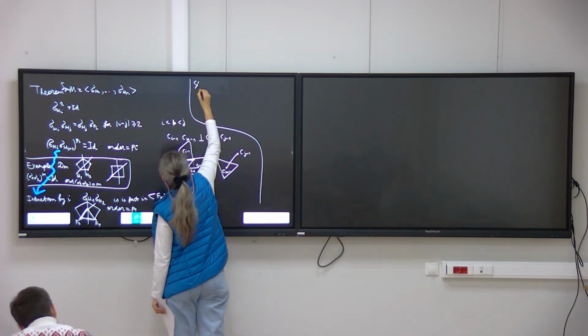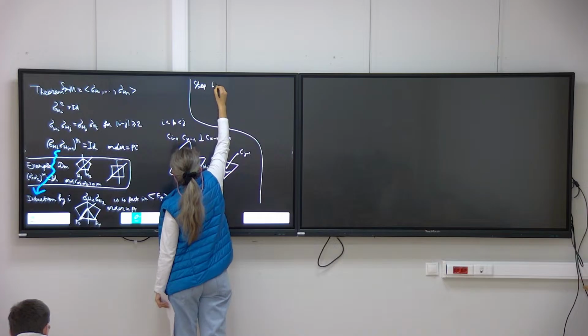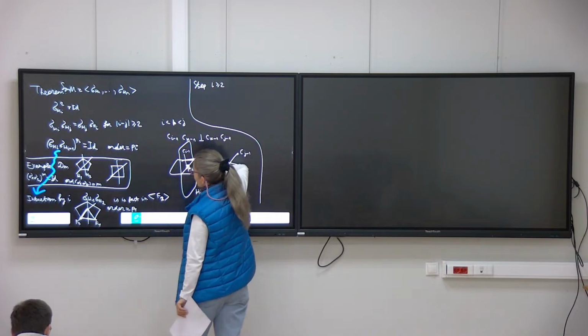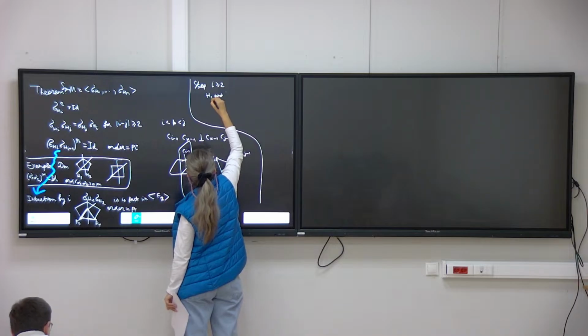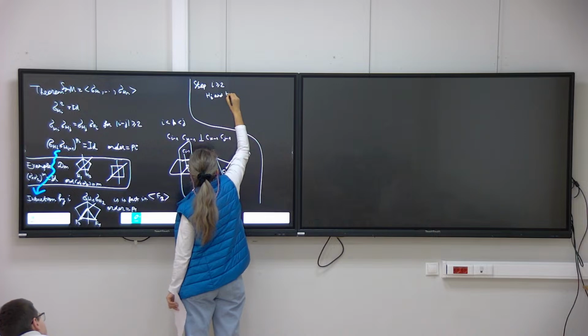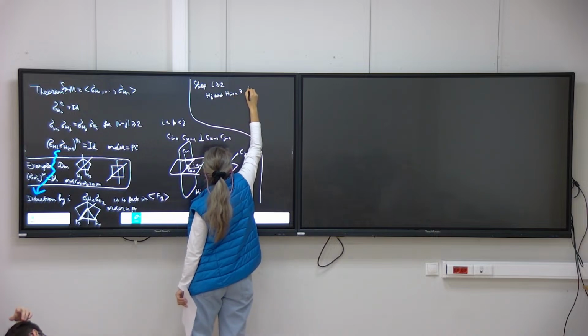So how do we prove the step? If i is at least 2, then H1, Hi and Hi plus 1 contain F0.